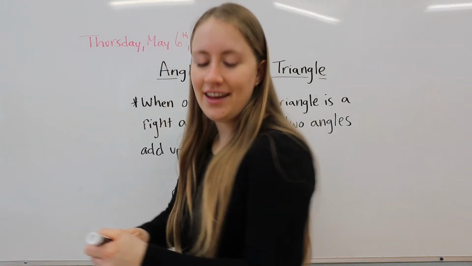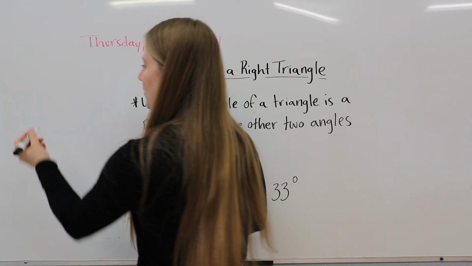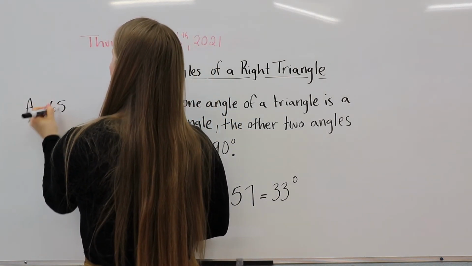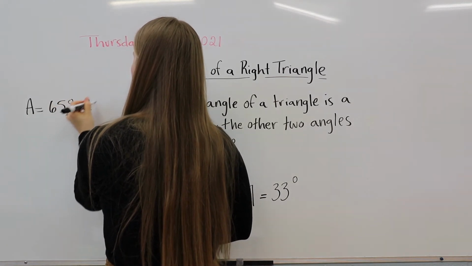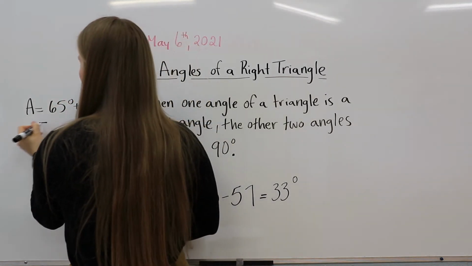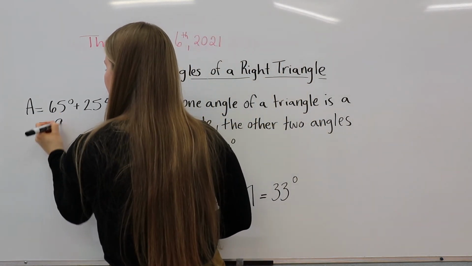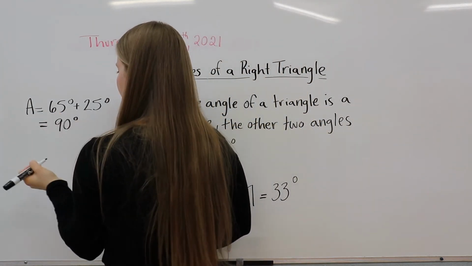So for A, they've given us 65 degrees and 25 degrees. So A, I'll do it over here, 65 degrees plus 25 degrees, okay? And we'll do our mental math, and that equals 90 degrees, okay?